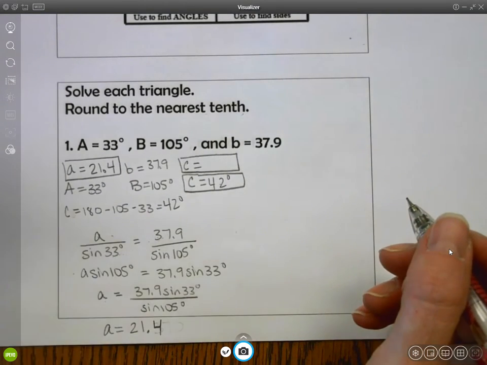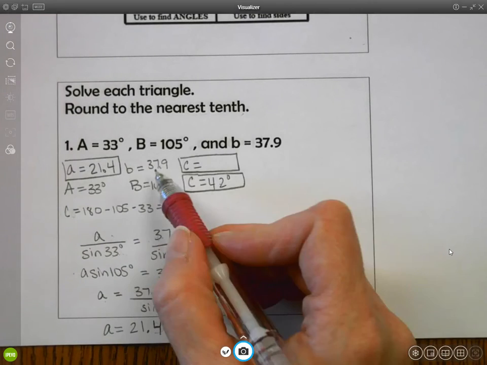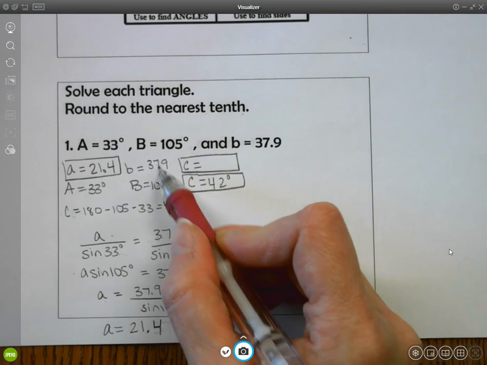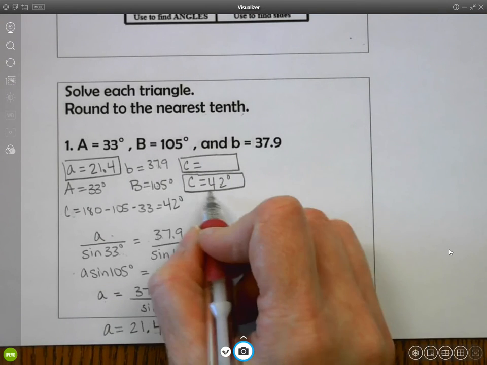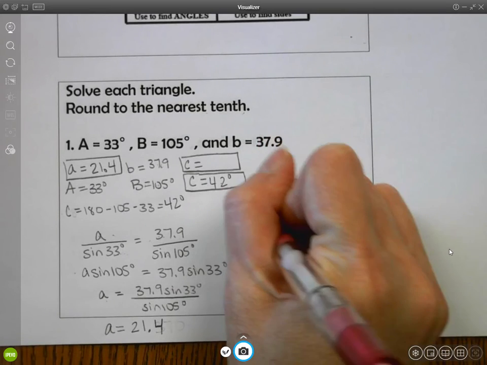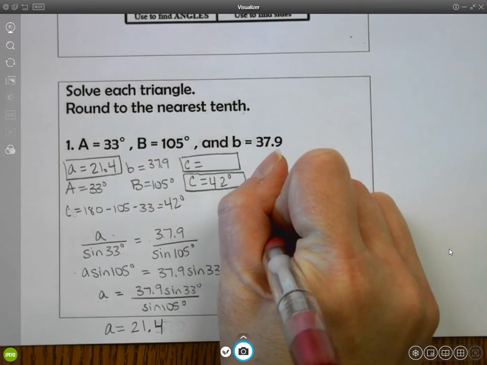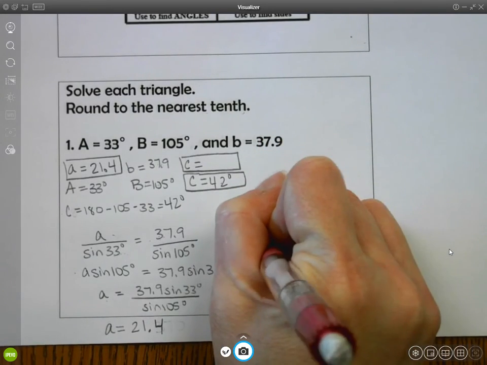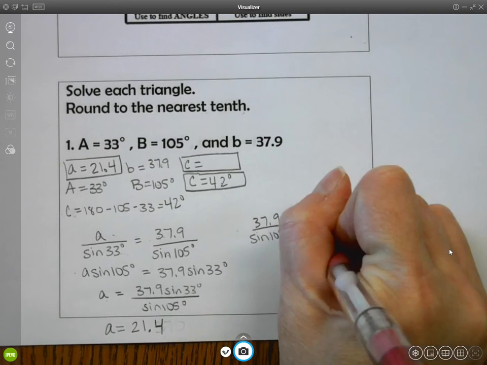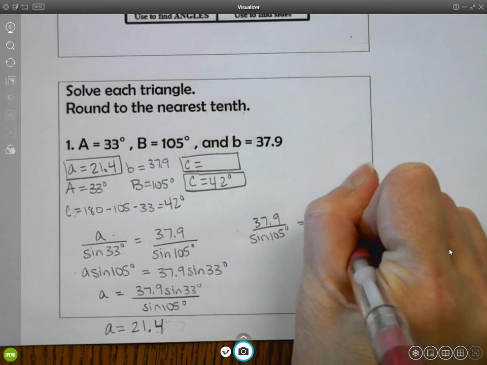All right, so now I always go back to given information. So I'm going to use this as my matching pair, and I feel pretty confident that I got this right. So when I set it up, I'm going to say that 37.9 over sine of 105 is equal to C over sine of 42.